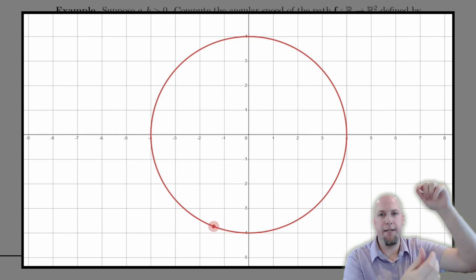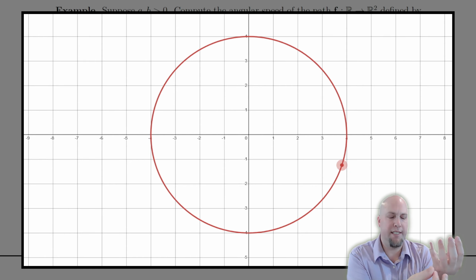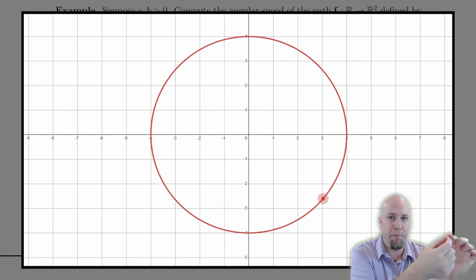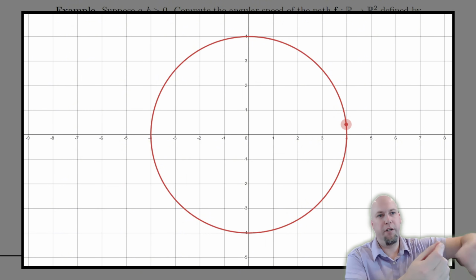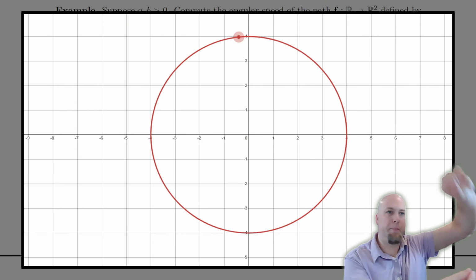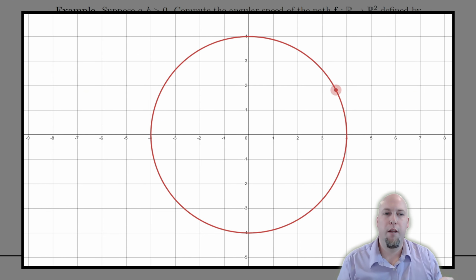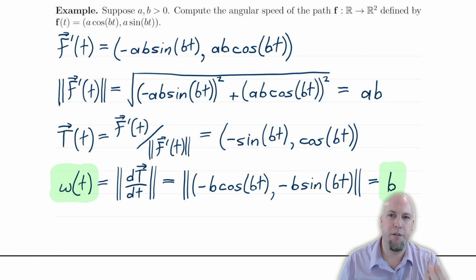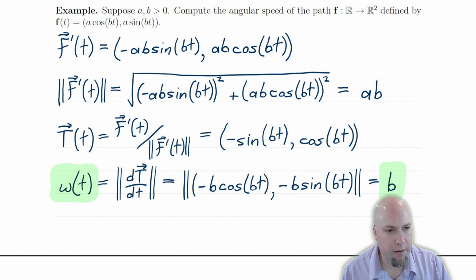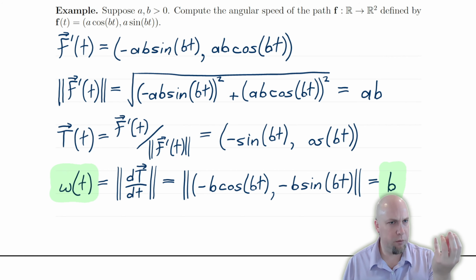around that circle of radius a. So if I increase b, the particle's moving around the circle quicker and quicker, so its angle is changing quicker and quicker. What's maybe not so intuitive is that the angular speed here is b, and it doesn't depend at all on a, which maybe seems a little bit weird at first.